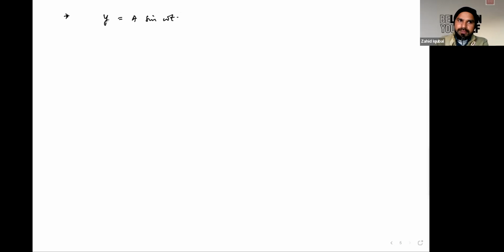If you differentiate this particular part with respect to time, dy over dt, y is displacement and we are differentiating with respect to time, so it will define velocity.